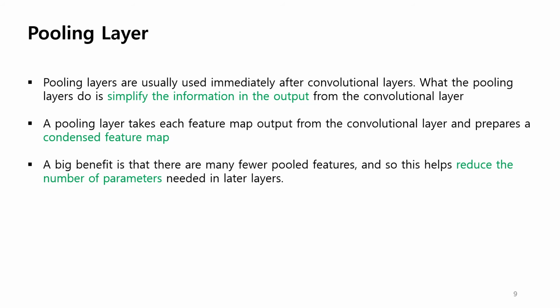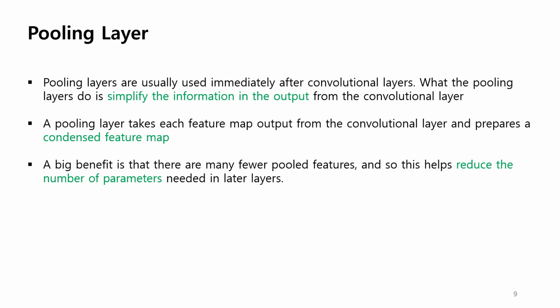The goal of the pooling layer is to reduce the number of parameters even more. The pooling layer comes right after the convolution layer, reads the output of the convolution layer as an input, and reduces the number of parameters even further.